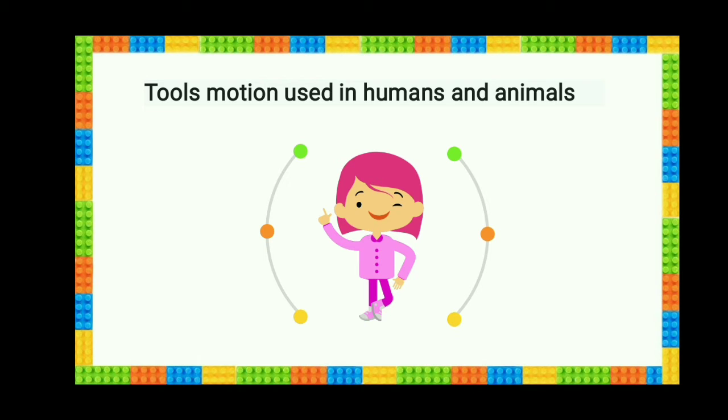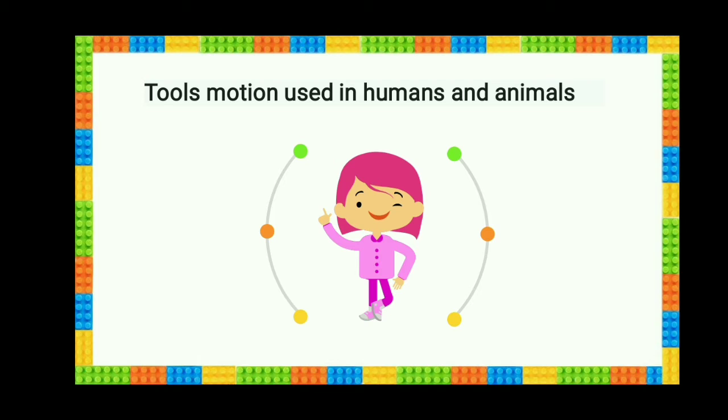Tools of motion used in humans and animals. Organs of motion in animals and humans have something in common.